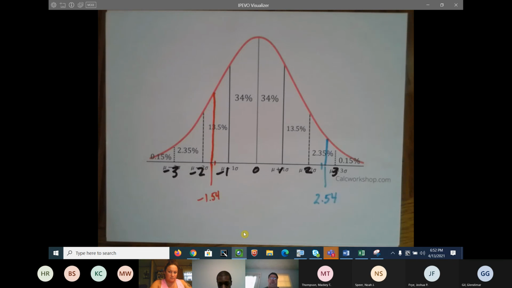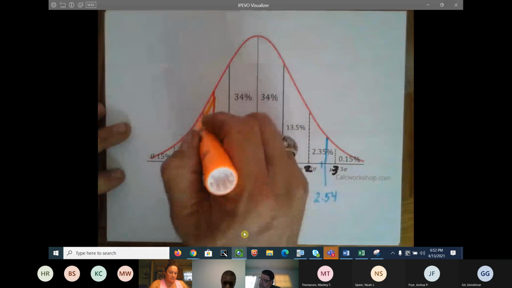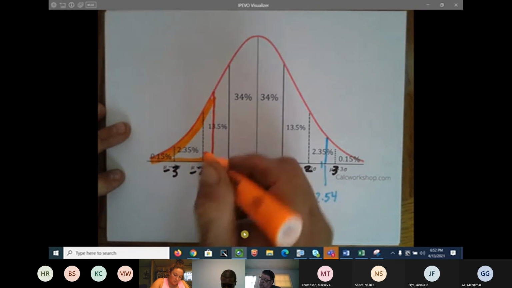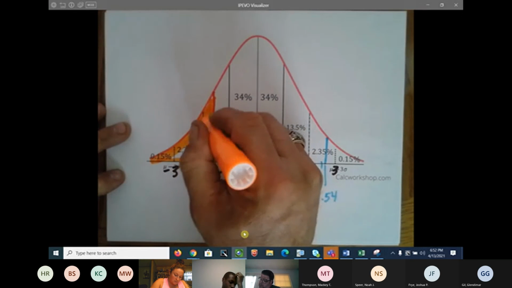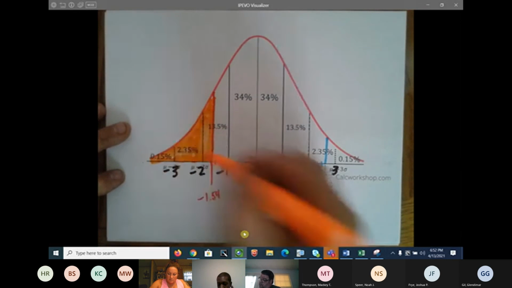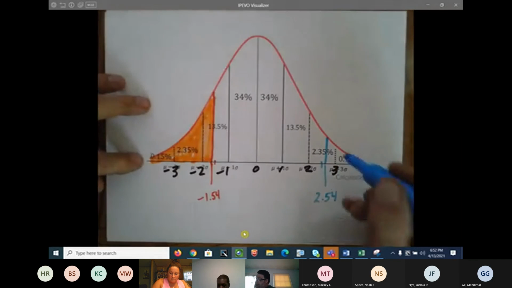The first thing you should be doing is using your empirical rule and getting an estimate. That's why these pictures are so important.